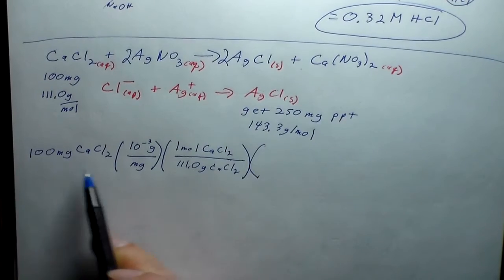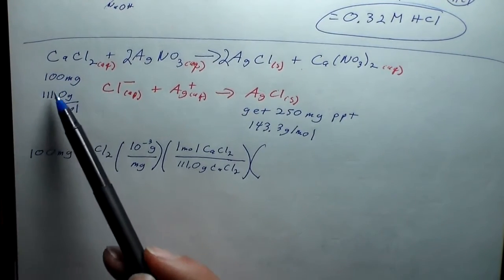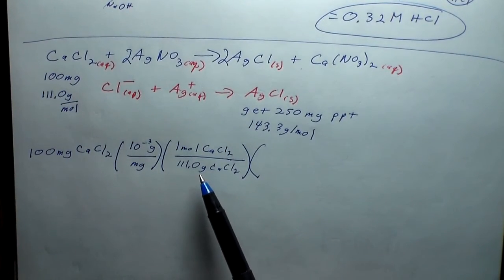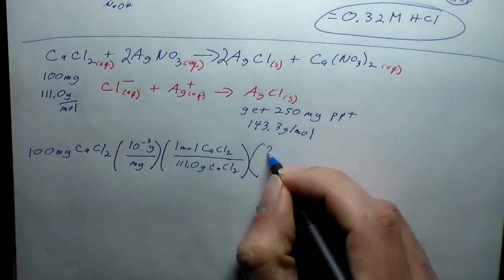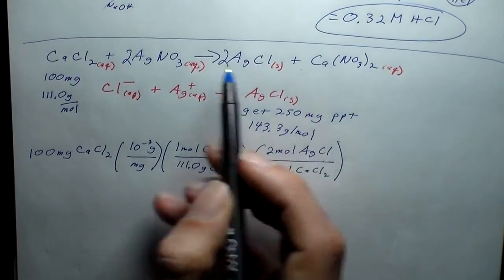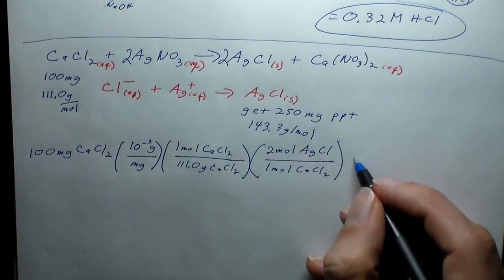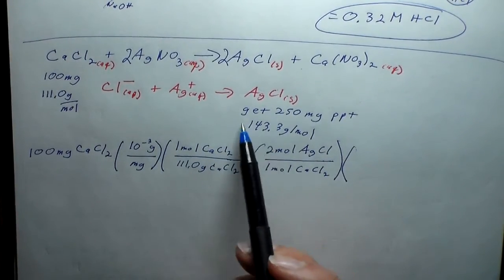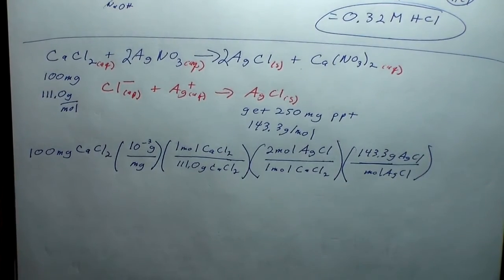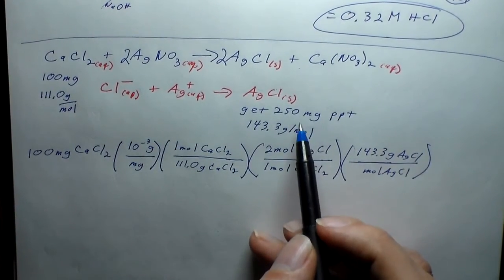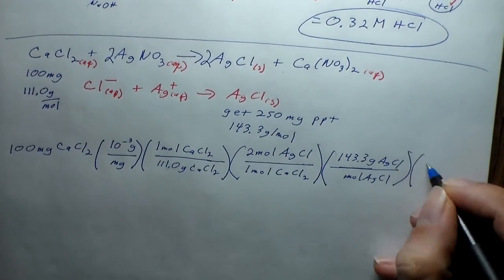All right, so at this point, all we've done is just figure out for 100 milligrams how many moles that actually is, and then at this point we go here and calculate our mole ratio. So there's 2 silver chlorides per calcium chloride. Then we multiply by my molecular weight, which is 143.3. And then we just need to convert this into milligrams so we can do a nice one-to-one comparison.